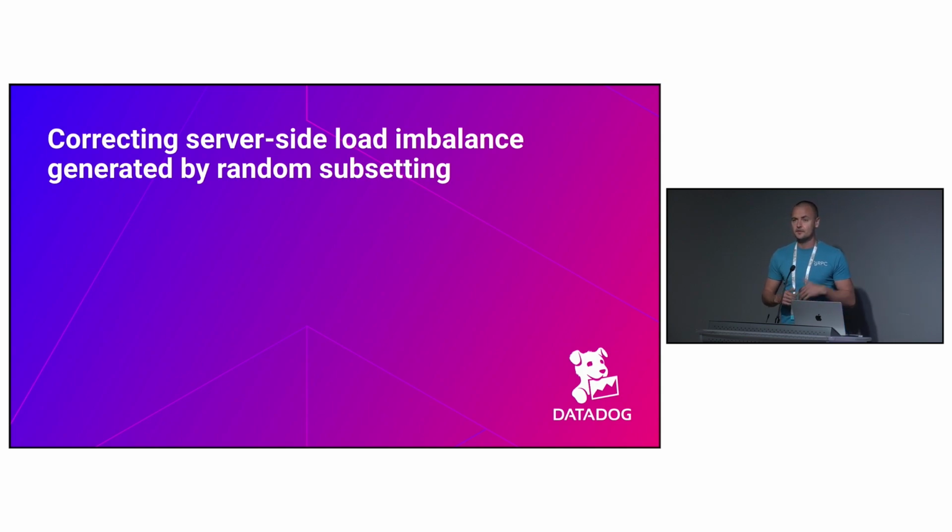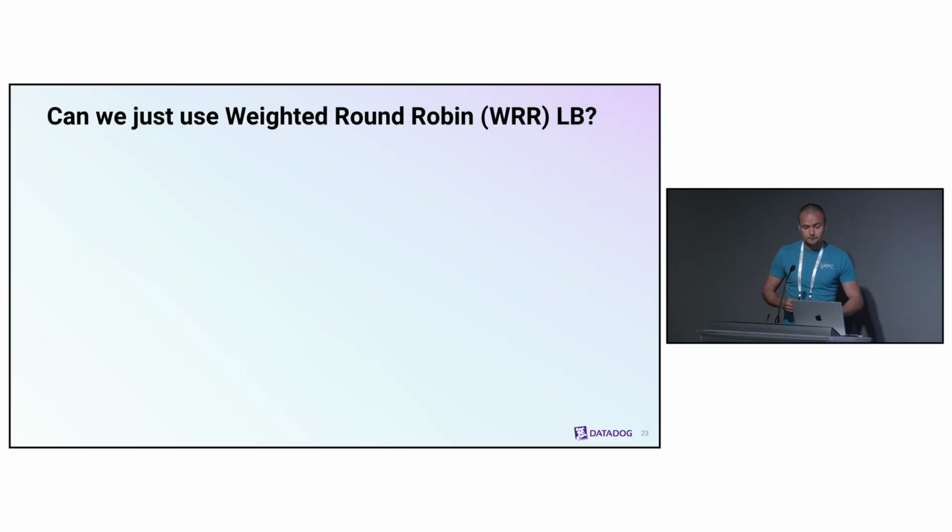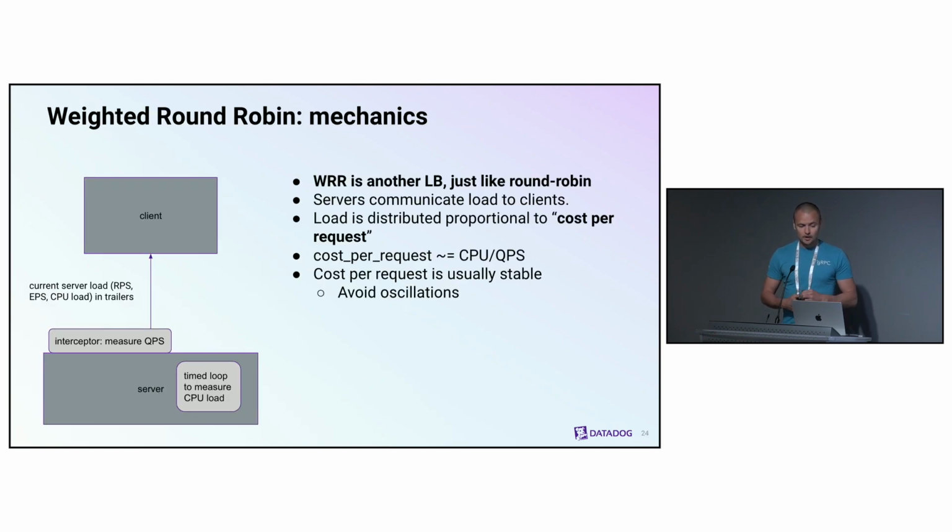What if we just run random subsetting and then use something on top of it to correct the imbalance generated by random subsetting? And an obvious candidate here is a gRPC load balancer, which is called weighted round robin, or WRR for short. So this is going to be important in a later part of my presentation, so I'm going to explain the mechanics of WRR a little bit.